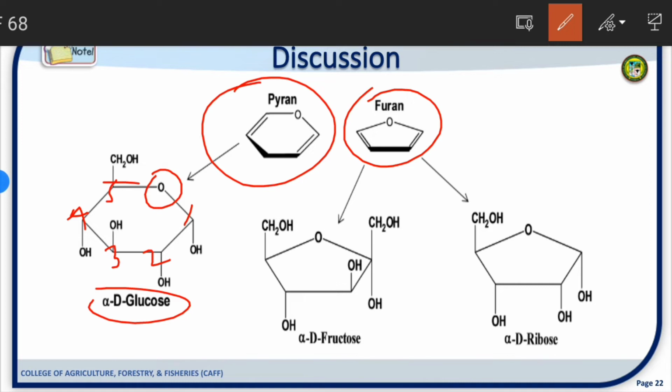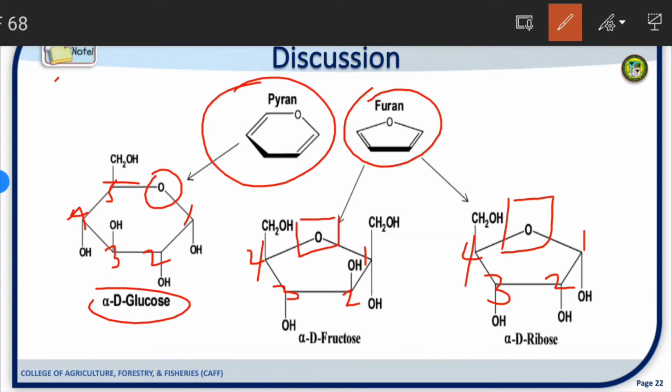Let's count the number of carbon atoms. We have 1, 2, 3, and 4. And how about this one? 1, 2, 3, and 4. There are only 4 carbon atoms in furanose, and the 5th member is an oxygen atom.